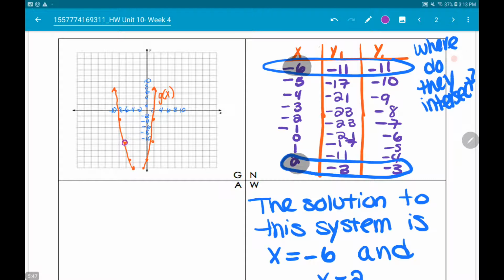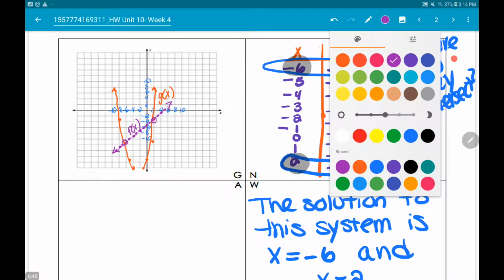And then this just goes up 1 over. Okay, and that is f of x.